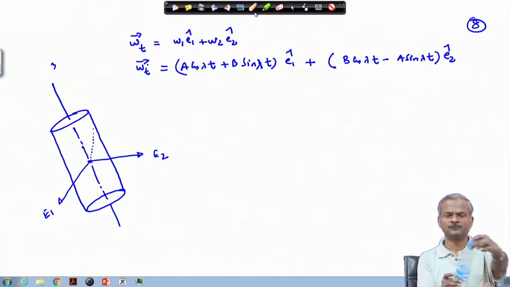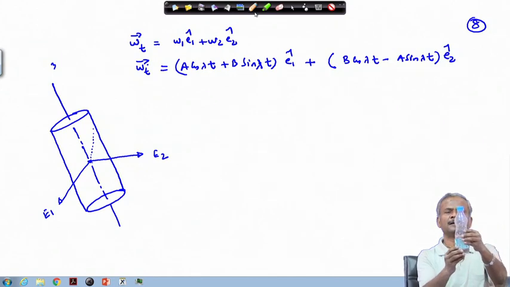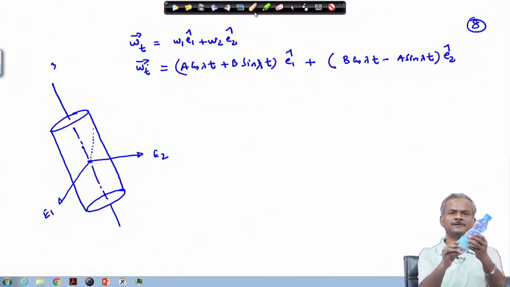This motion is the precession motion, while this is the spinning motion. The angle from the vertical to this axis is called the nutation angle. If this angle varies, going up and down, that is called the nutation motion.